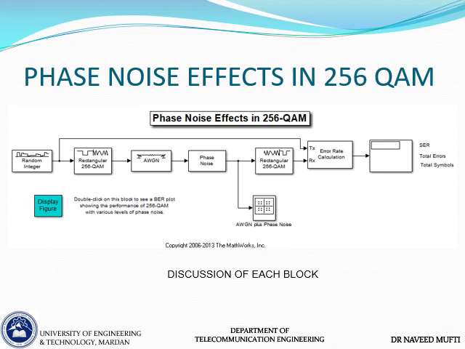It is analyzing the effects of noise on 256 QAM, and then the blue shaded block here which says display figure, if you double click on this block, you are able to see a bit error rate plot showing the performance of 256 QAM with various levels of phase noise. That is what we will be doing next in our interactive session on MATLAB.